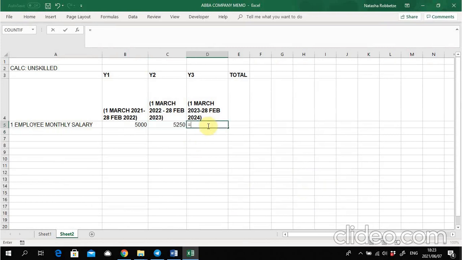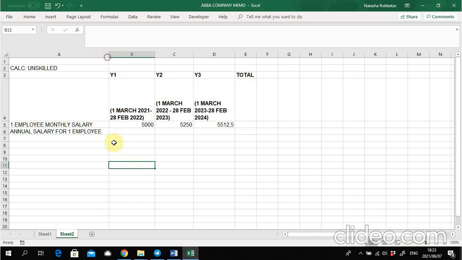And then in the third year, which is actually still part of the government's second year, it's going to be the 5,250 times 1.05. Then what is then the annual salary for one employee? It's going to be this amount times 12 in every instance.